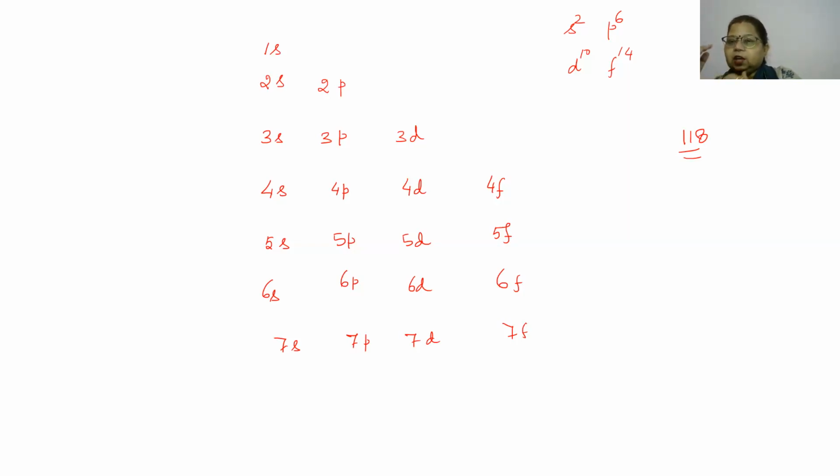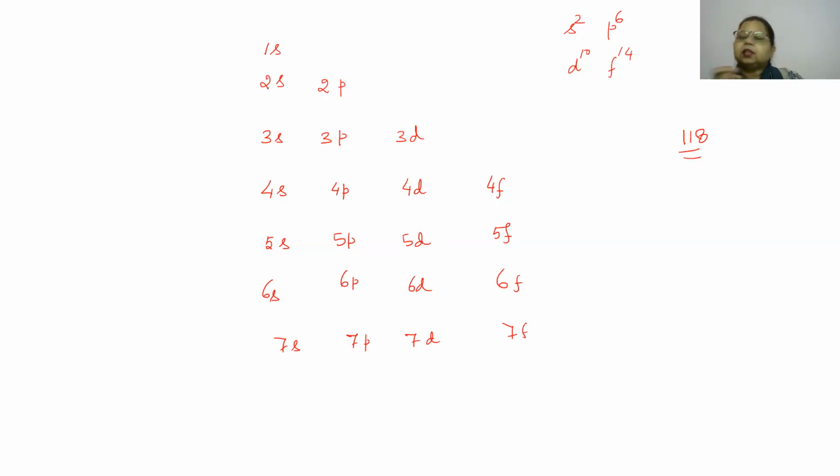Like in your house, you have ladders. If you have a 4-story building, you will have a ladder till the 4th floor only, right? Nobody will be so senseless as to make a ladder for reaching the 5th floor, which does not exist.